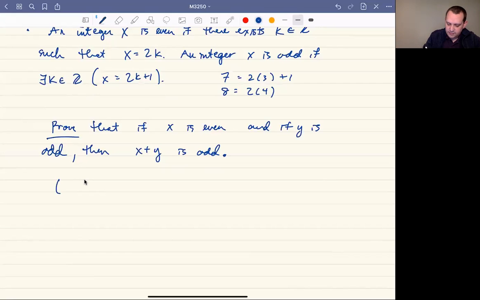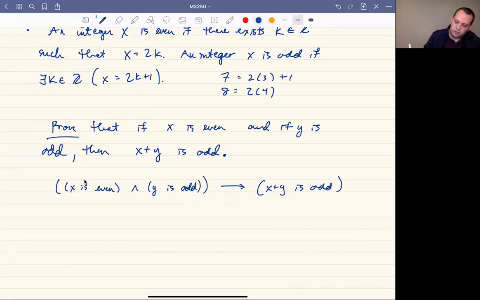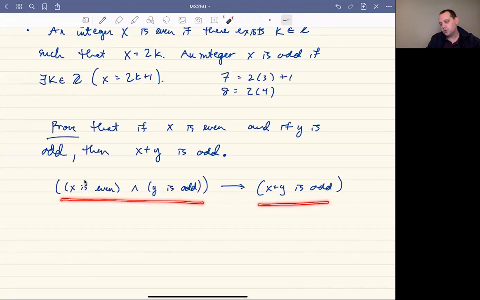We're looking at the statement x is even and y is odd. And that implies, this is the logical implies, not the word, that x plus y is odd. So this is a statement of the form P implies Q, where P is our statement that x is even and y is odd.